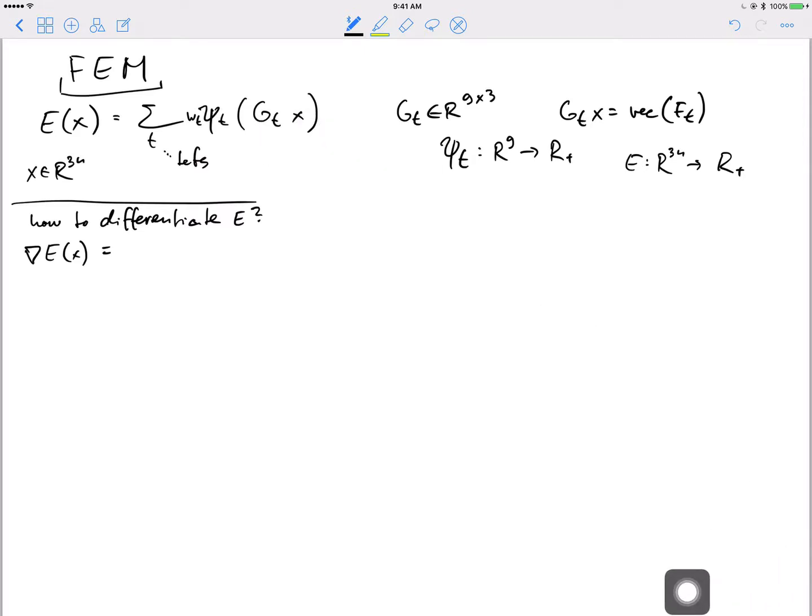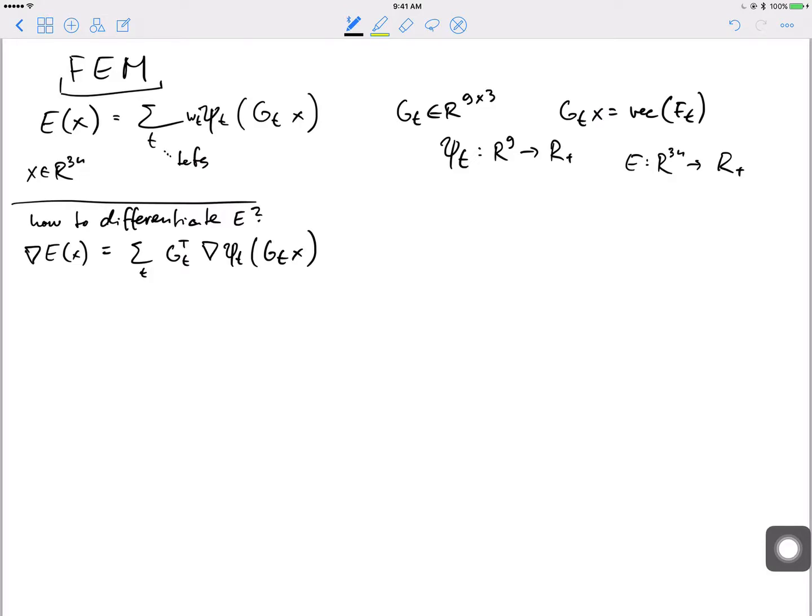All right, so to compute the gradient, we just apply the chain rule, and the chain rule tells us that the gradient will be exactly this. We need to take the gradient of the material model, and that gets applied to the G_T of x, for each T. So this G_T transpose is exactly from the chain rule, right? Because we are differentiating with respect to x, so this G_T pops out.